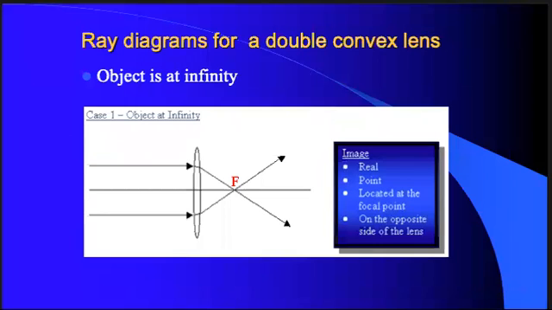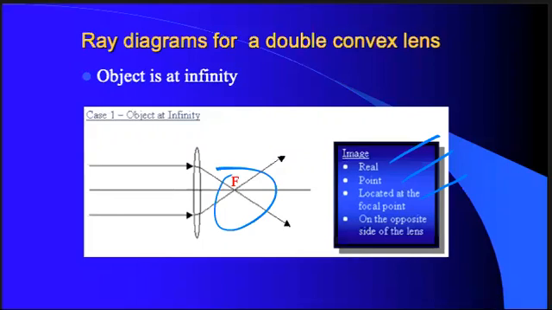Now, let's have the first case. What if the object is at infinity, very, very far? What image will be produced? The image is real and it is located at the focal point, on the opposite side of the lens.